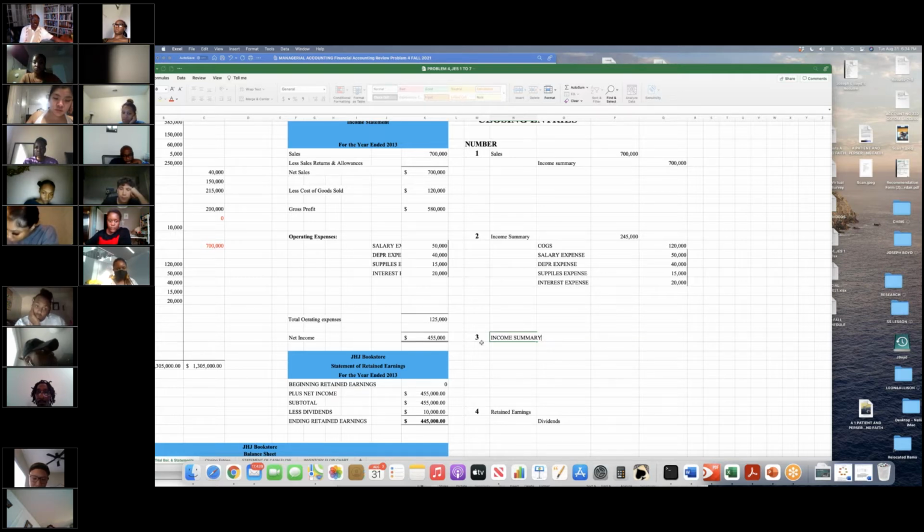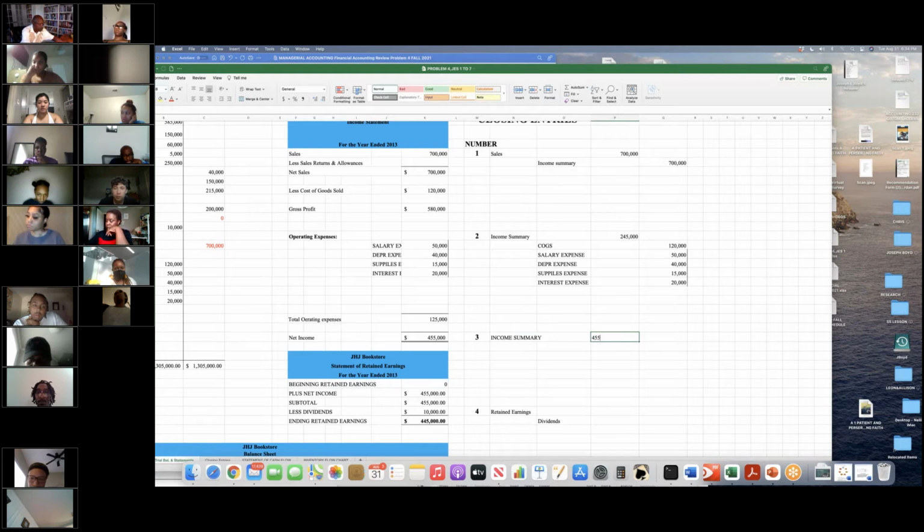And you notice where I have it. The amount of that closing entry is always the net income or net loss. So we're going to debit income summary for 455. And what are we gonna credit? Retained earnings.